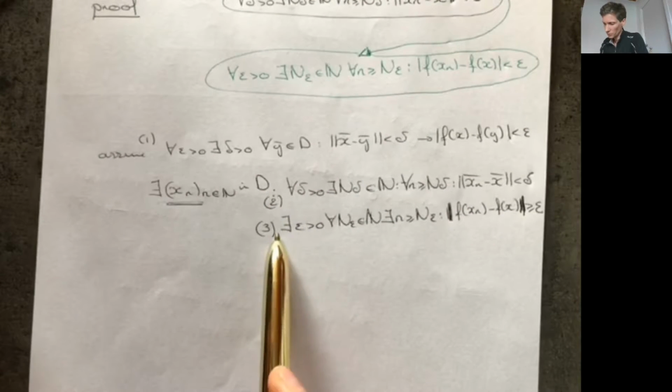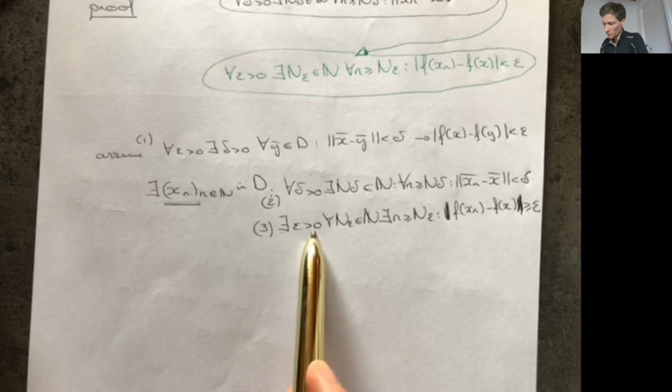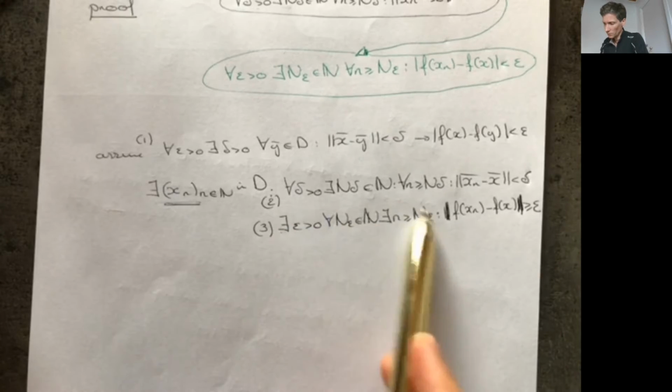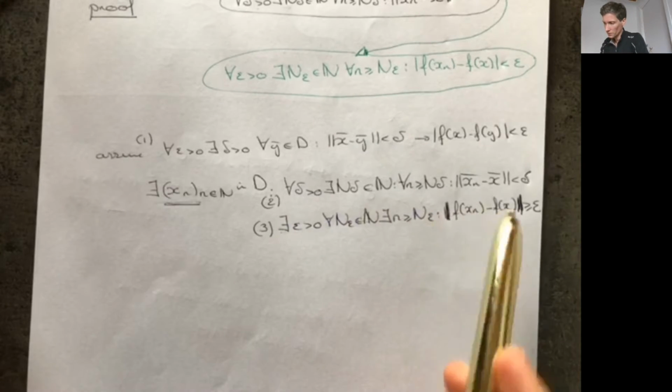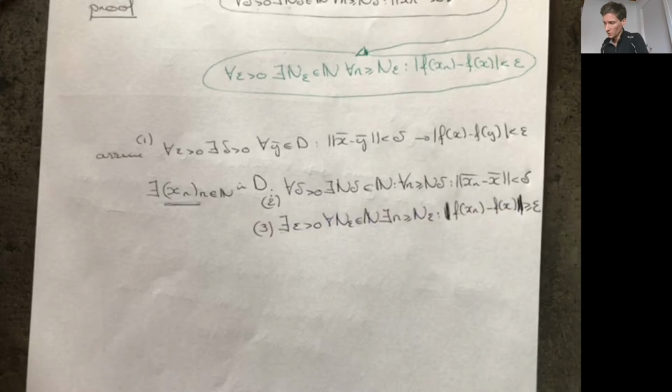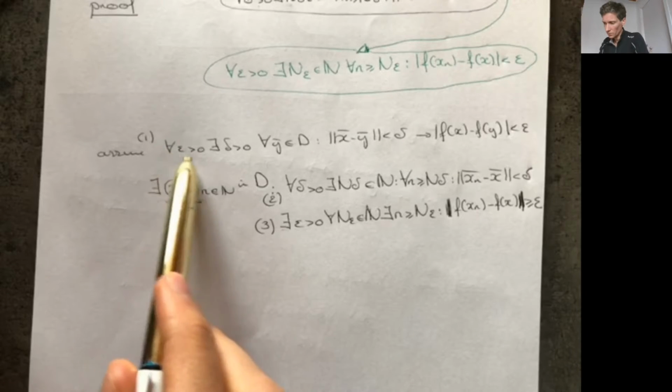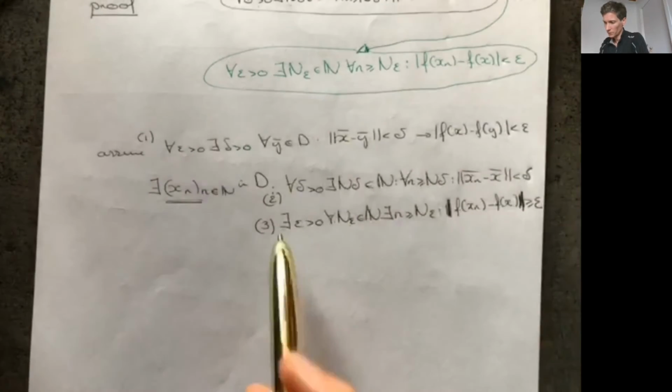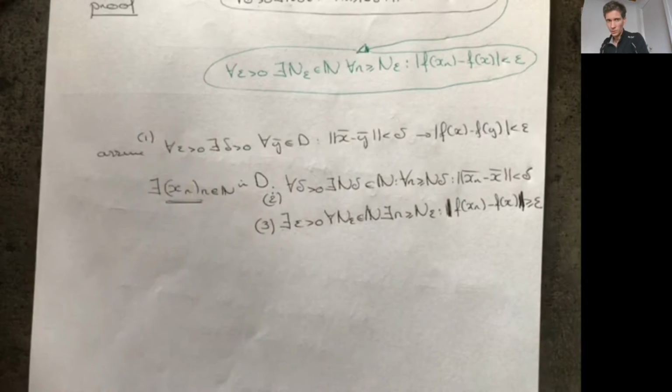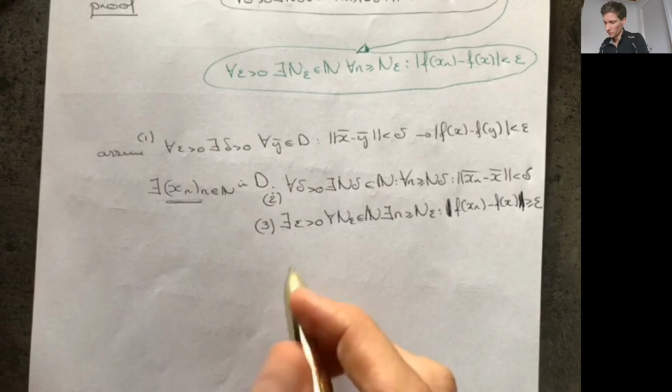So from the third point here, we have that there exists an epsilon such that for any number far enough into the sequence, |f(xn) minus f(x)| is greater or equal to epsilon. And here we have that for all epsilon, something else happens. So we can take this epsilon here and plug it into this definition here.